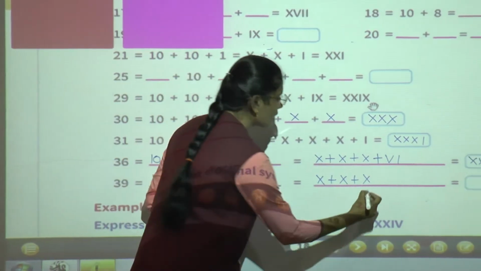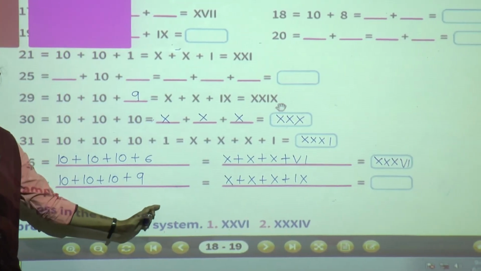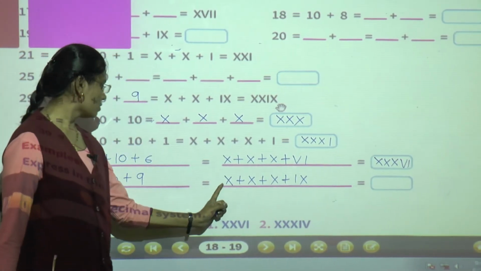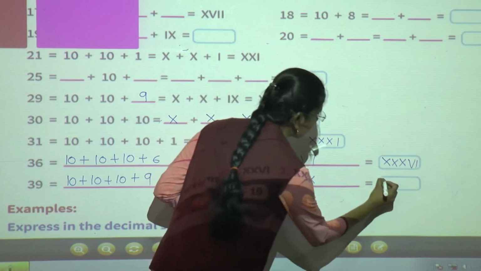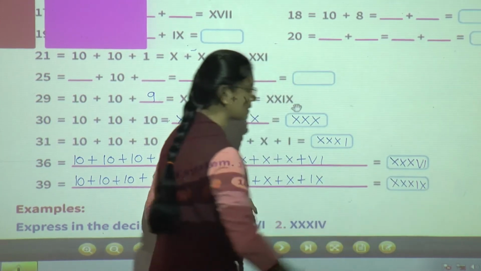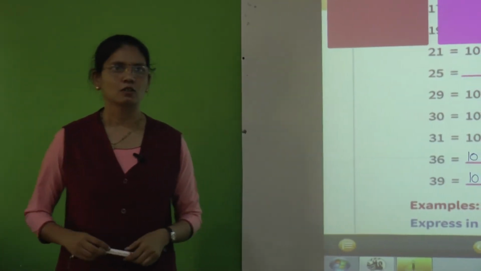Yes, 9 means IX. Why? Because 9 is equal to 10 minus 1. So IX is equal to 9. So 39 means triple X IX. This is 39. Okay. Did you understand? Okay.